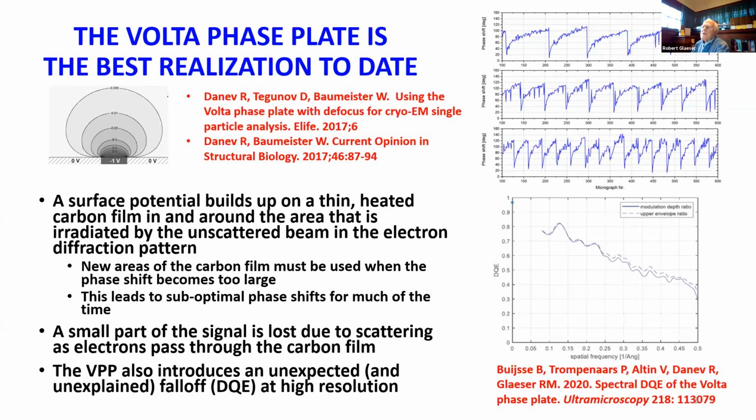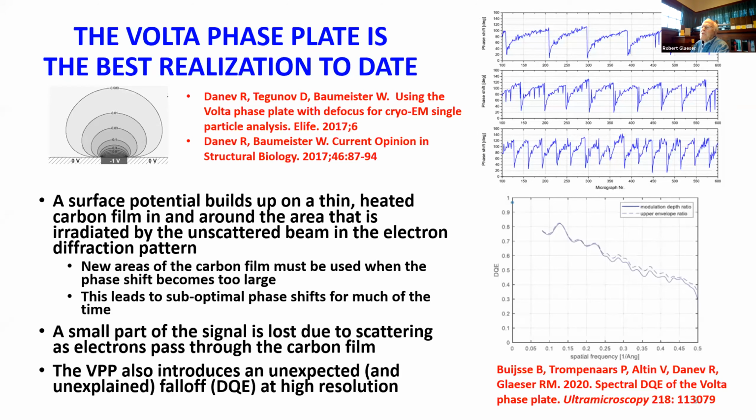The strong unscattered beam causes some kind of a charging effect. We don't really know what that is. It's not contamination. It's not the usual charging artifact. And Danev referred to it properly as a Volta potential. It's a surface potential. It's probably some kind of a dipole sheet produced in the area of the illuminated beam.